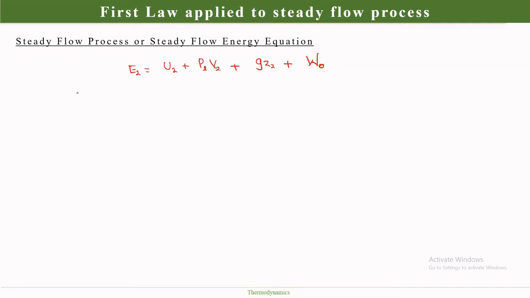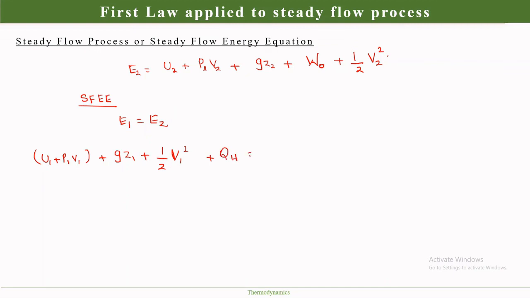Now according to the steady flow energy equation, E1 is equal to E2, that is U1 plus P1 V1 plus gZ1 plus half V1 square, I'm sorry, I left out the half V2 square here, plus QH, which is equal to U2 plus P2 V2 plus gZ2 plus W0 plus half V2 square.